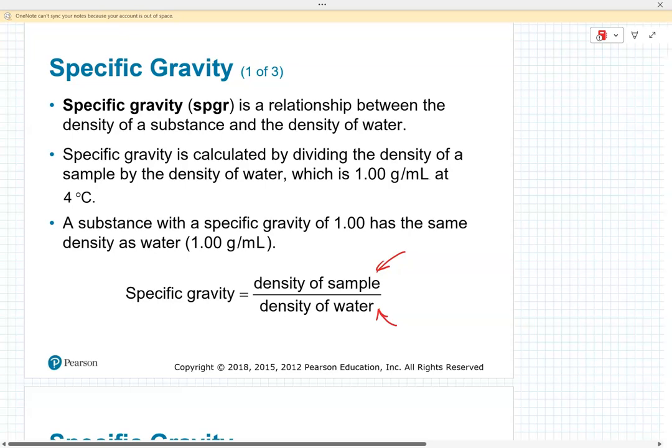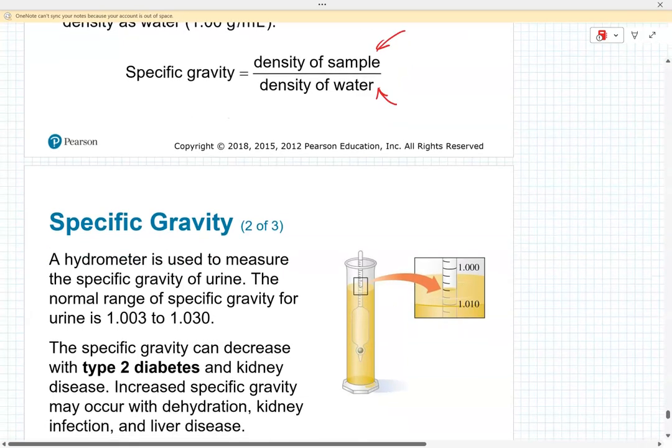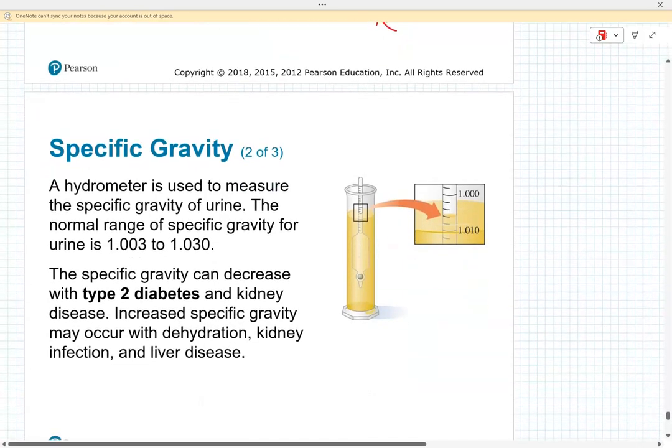It's sort of 1.03 greater than the density of water. And yeah, specific gravity is the parameter that is measured for urine. Diabetes decreases specific gravity because people fail to excrete enough solutes, yes.